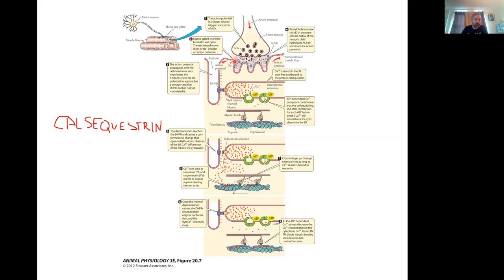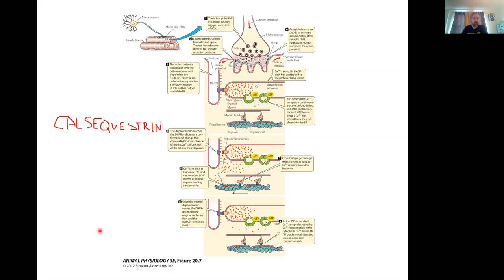Now this action potential travels down the T tubule and hits these voltage-gated channels, and at this point, we open the voltage-gated channel, and all of the calcium we've spent all this time so carefully storing up is released out into the cell. What does it do there? Well, once it's out, it's going to bind to one of our two accessory proteins on our thin filament.